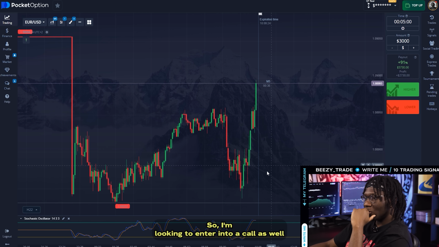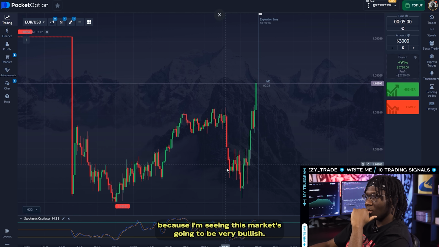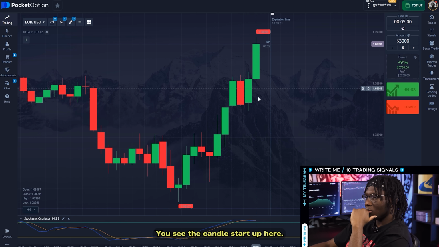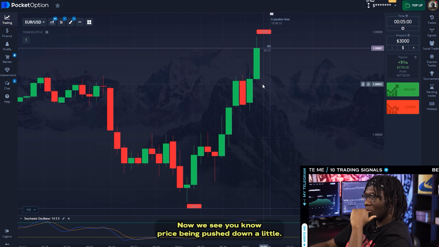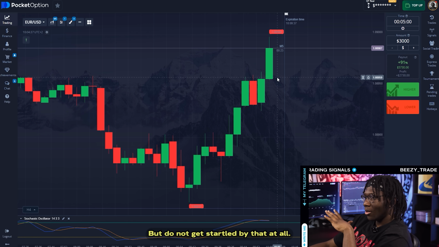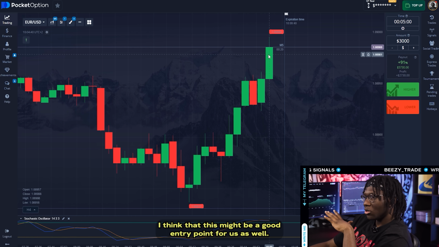So I'm looking to enter into a call as well because I'm seeing this market is going to continue to be very bullish. You can see the candle start up here. Now we're seeing that price being pushed down a little, but do not get startled by that at all. I think that this might be a good entry point for us as well.